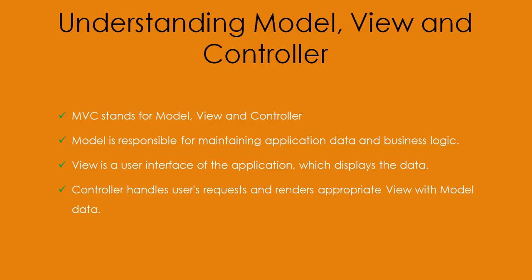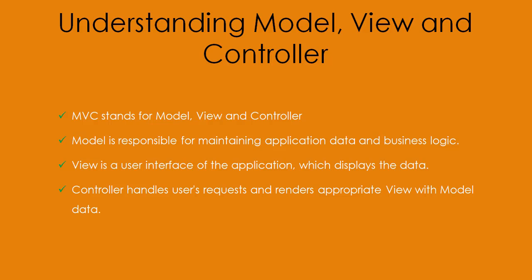Okay, view is the user interface of the application which displays the data, and the controller handles the user request and renders the appropriate view. That's the application logic, and this is the presentation logic, connected with the business logic of the model data. Okay, now let's see.